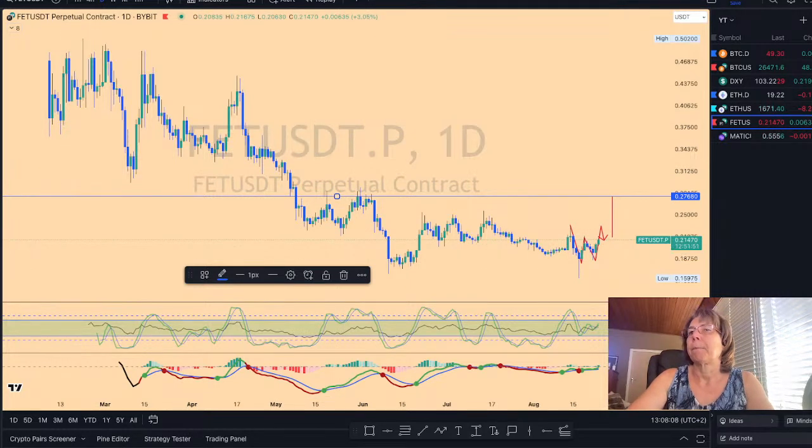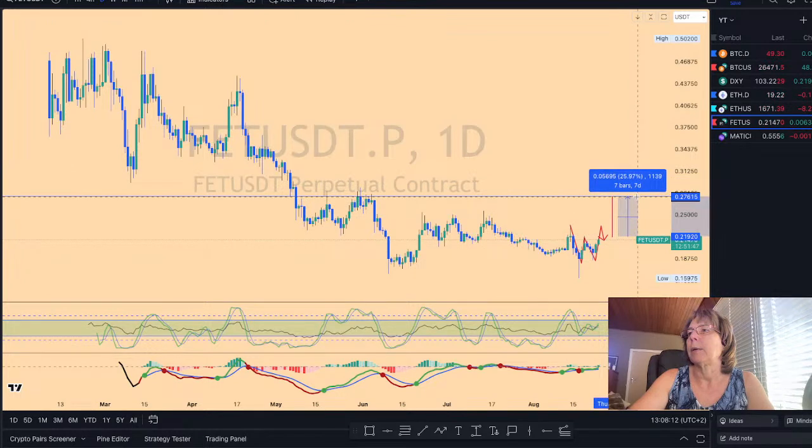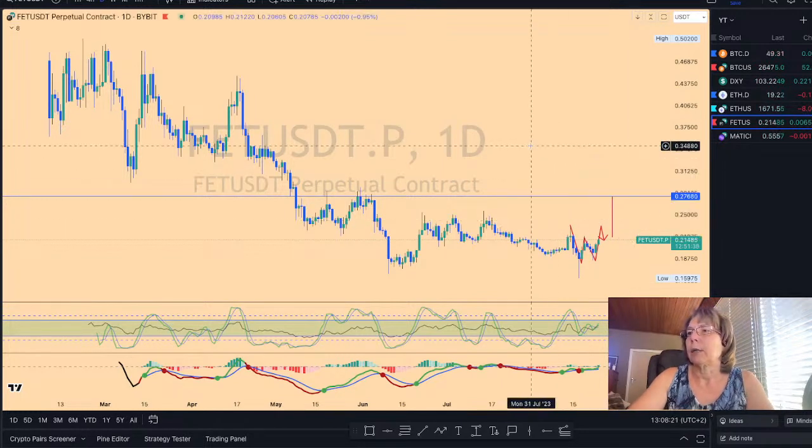So wait for the retest and then trade it up. There's a profit of about 25% if that plays out according to this technical analysis.